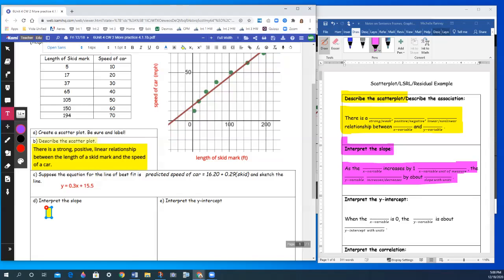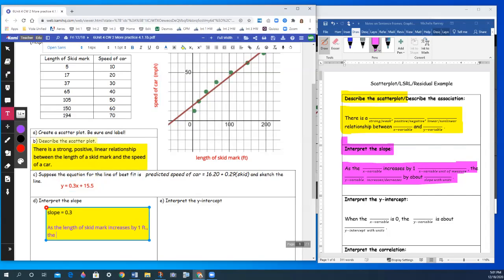Okay, so interpret the slope. So slope equals, and in this case, our slope for ours was 0.3. And then what we're going to do is write the sentence frame. So the sentence frame is as the, and our x variable is length of skid mark increases by 1, and the unit is foot for this.